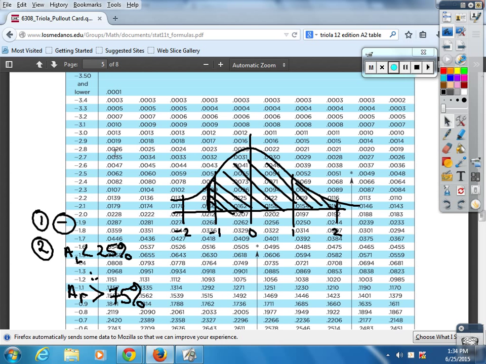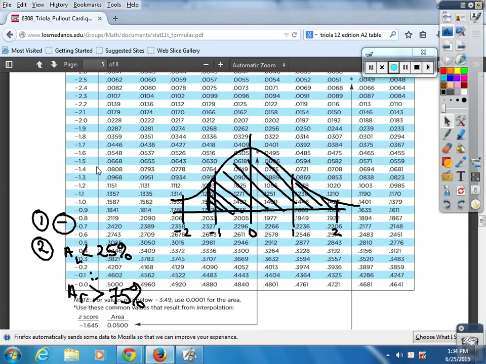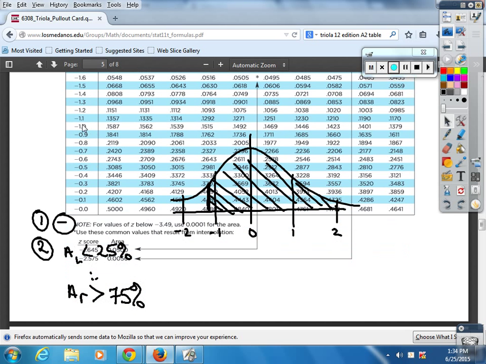So we're looking for 1.1 and 6 pennies. 0, 1, 2, 3, 4, 5, 6. 0.1230. 0.1230.